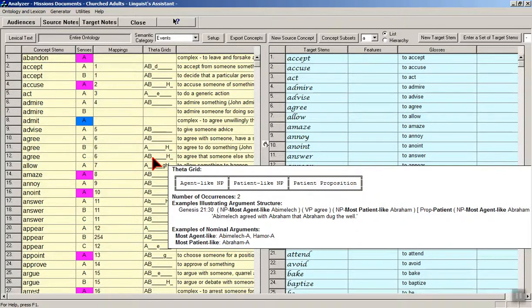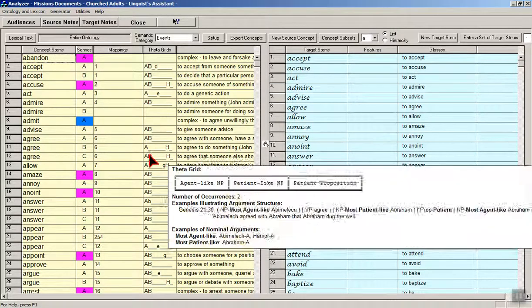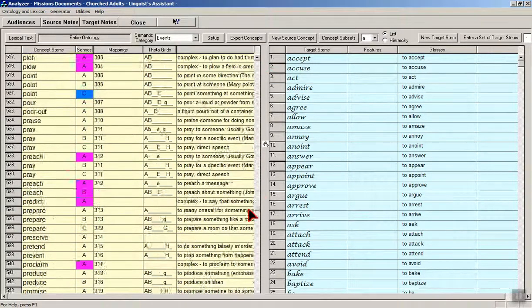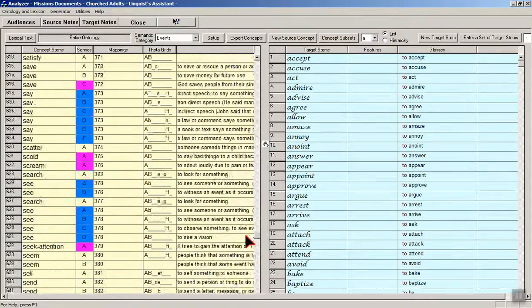So sometimes you can use these theta grid or argument structures in order to figure out how to write what's allowed. You figure out what the senses are that you can use, and also it can help you to know how to write the sentence in the phase 1.